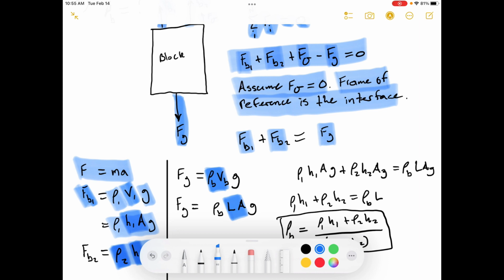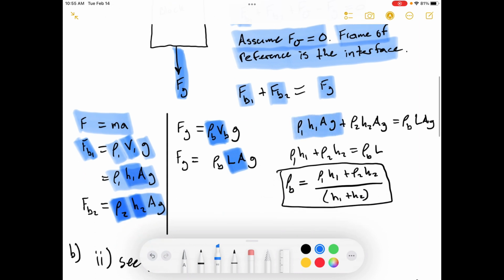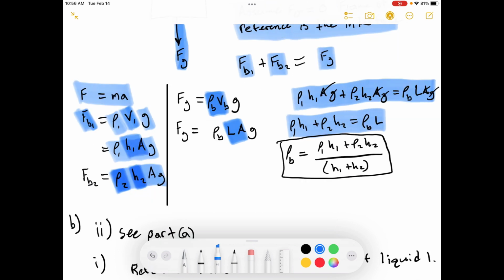Now we're going to plug each one of these forces into our force balance over here. We see right away that all the A's and G's cancel out on both sides of the equation. And we're just left with the densities and the heights.